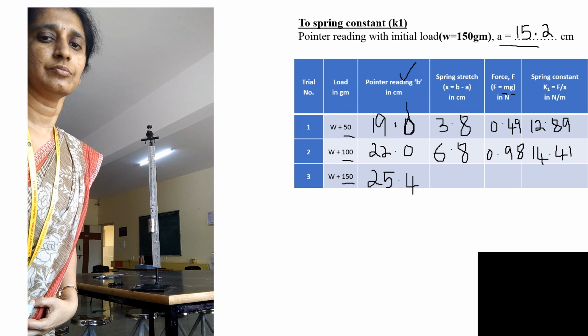Similarly, calculate for 150 gram: 25.4 minus 15.2 is 10.2.